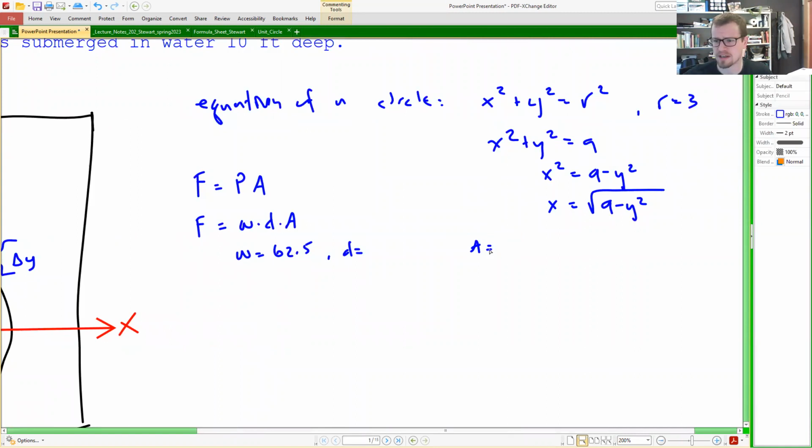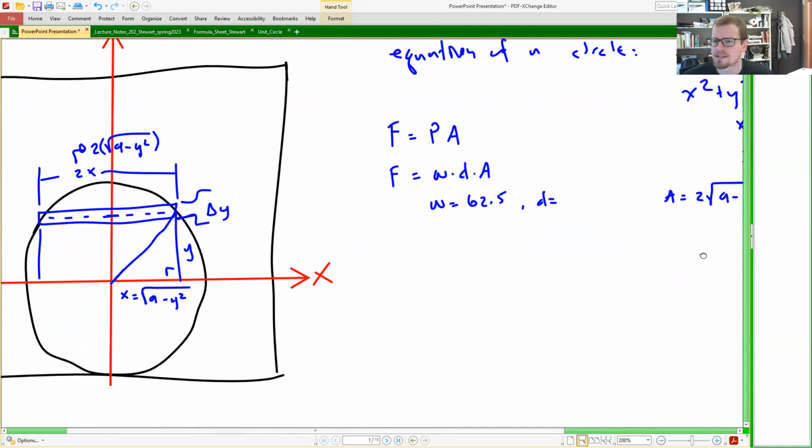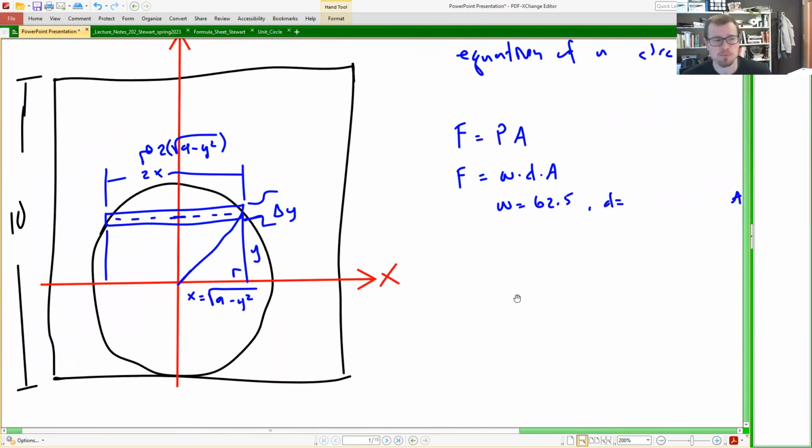So this gives me the area: the width is 2 times the square root of 9 minus y squared, and the height of that rectangle is the change in y. In this case, the depth, right? The depth we also want to express in terms of y. That would be really nice.